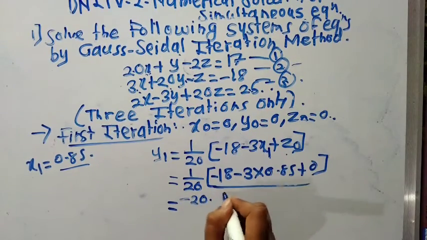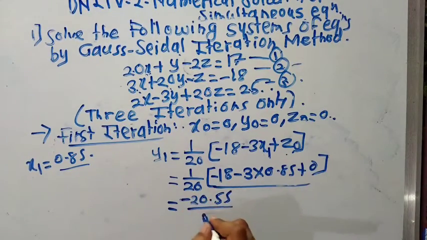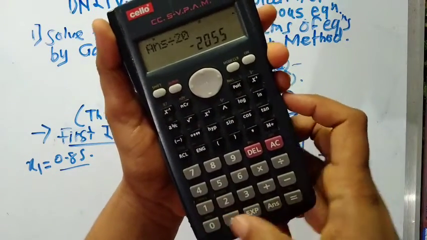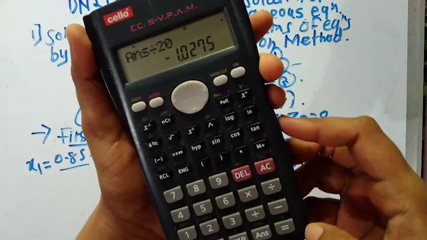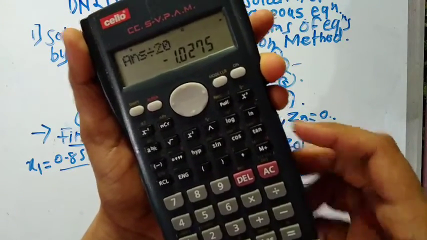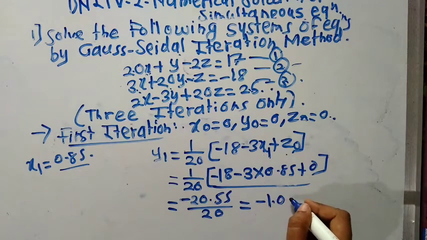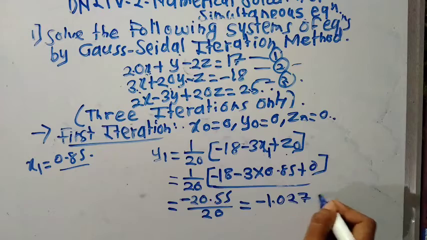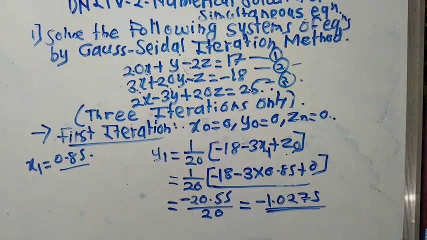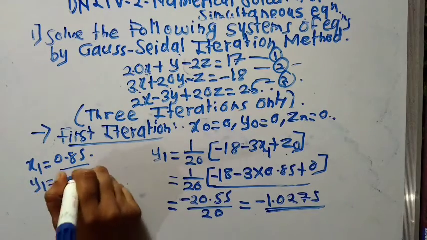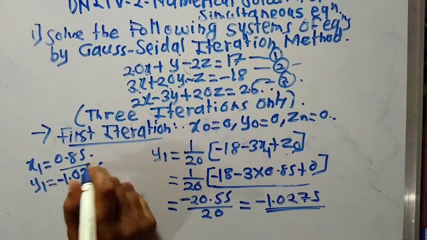Minus 20.55 divided by 20 is equal to minus 1.0275. This is y1. So y1 is equal to minus 1.0275.